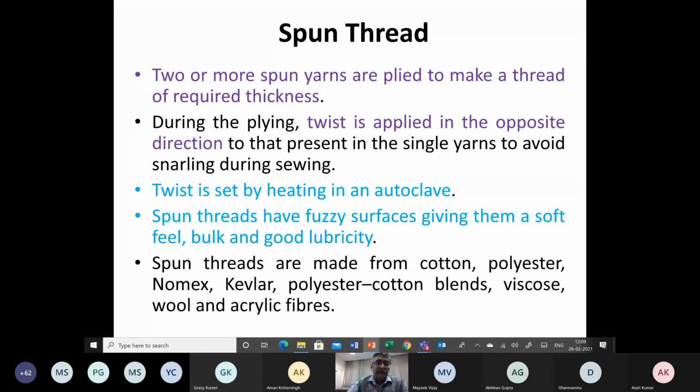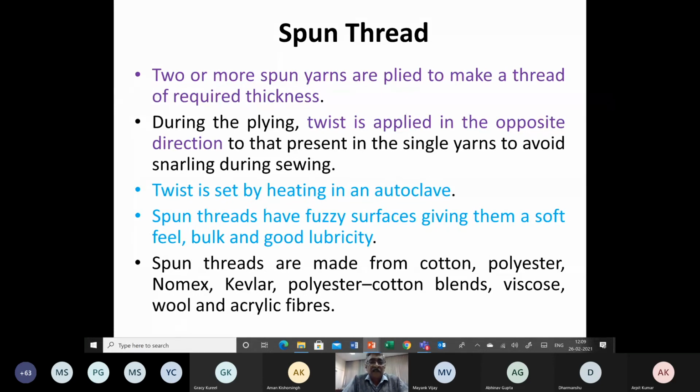The spun threads have a very fuzzy appearance because of the protruding loops and hairs on the surface of the yarn. And that is also a plus point because it gives a soft feel and provides bulk. And when the thread passes over many machine parts, they give very low friction because it tries to glide.